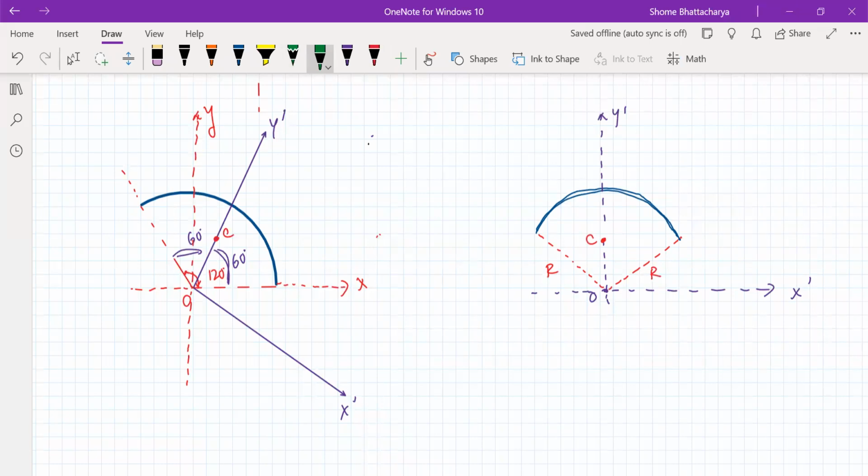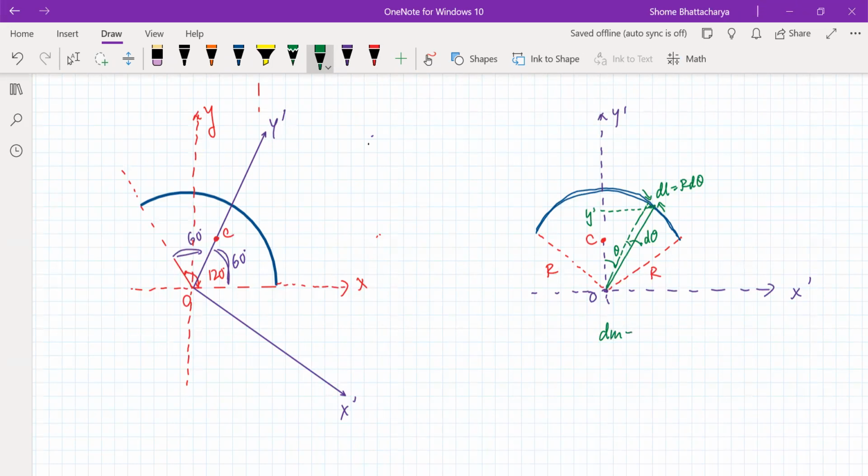Suppose we take, at some angular position theta from here, a small element. It is subtending a small angle d theta, so the length of that element will become r d theta. This element has a mass dm and a y coordinate, say y prime.